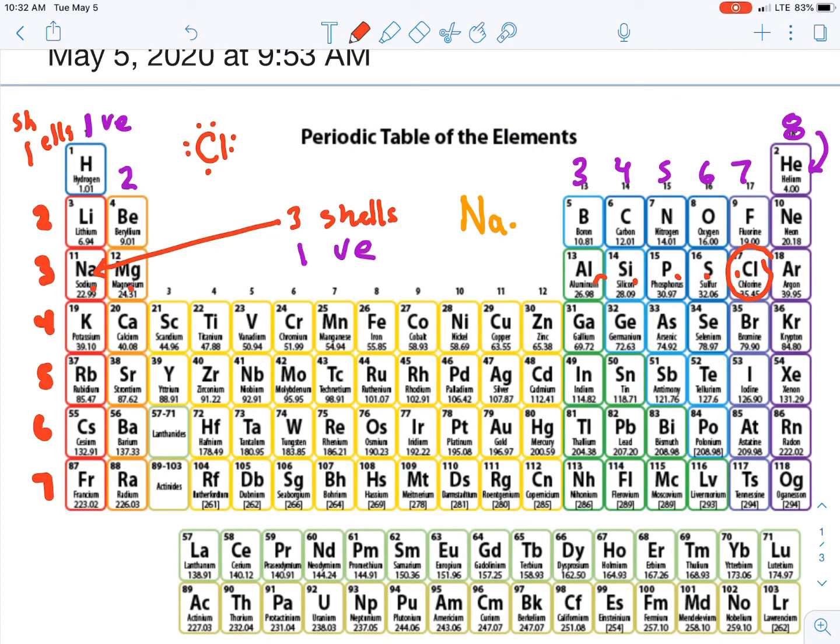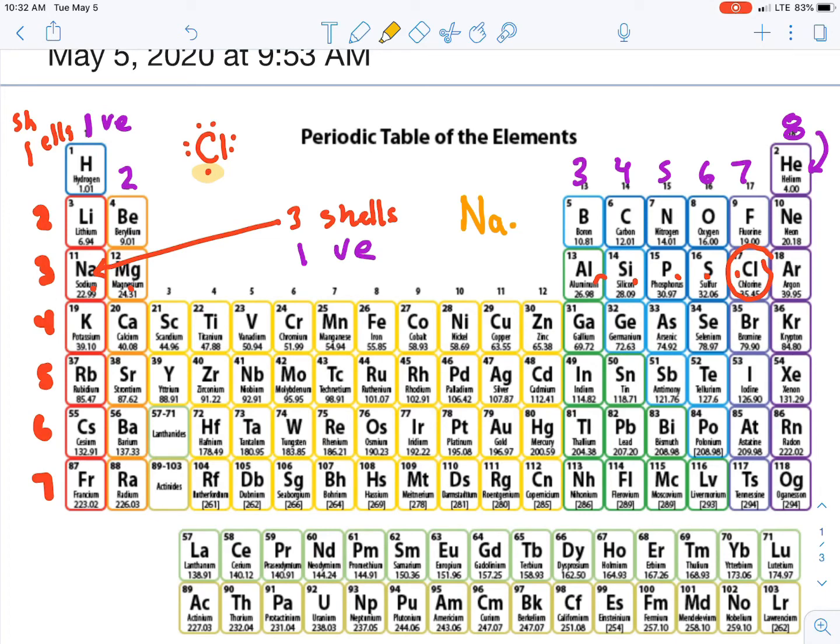Now it's on the bottom. That's fine. But we still have 1 unpaired electron, right? 1 electron doesn't have a partner. That's where it can form a bond. Okay, that's a bonding site, an unpaired electron.